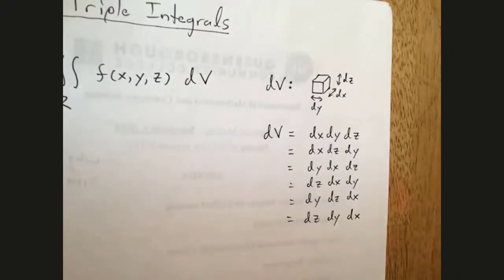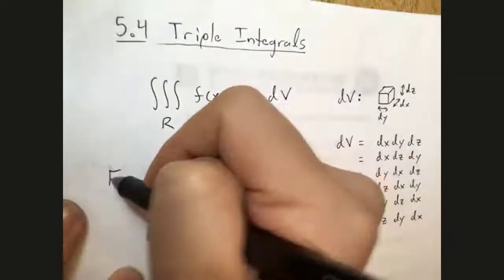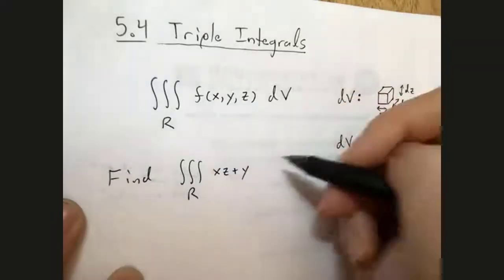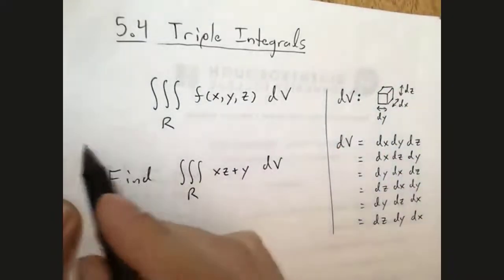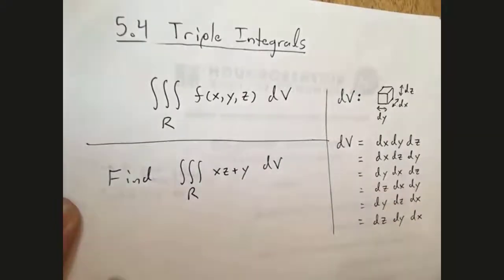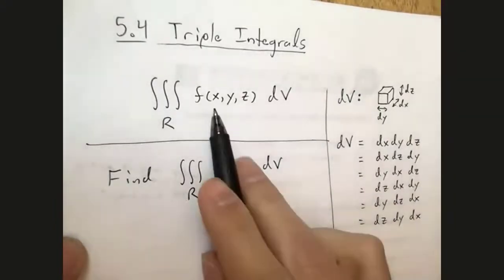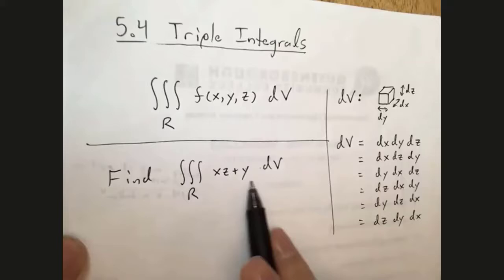All right. I want to start with an example. So this is our function of x, y, and z. It's just xz plus y. And I want to integrate this function over the simplest possible thing, just a box.